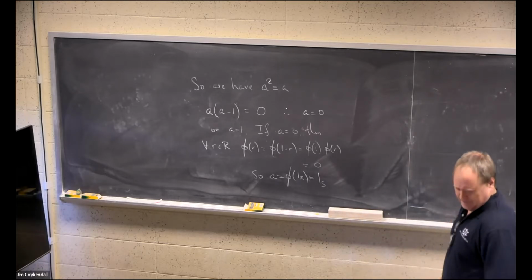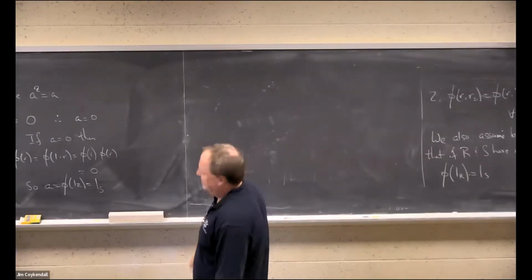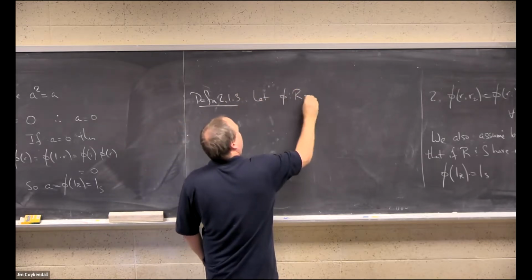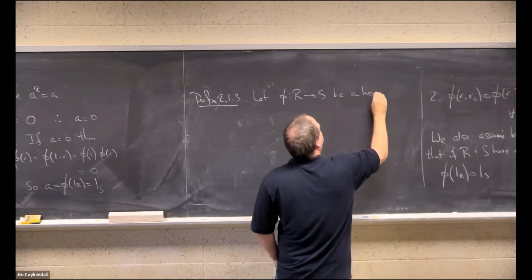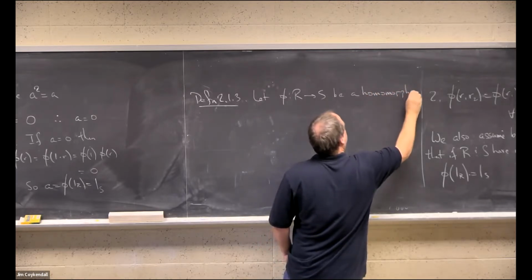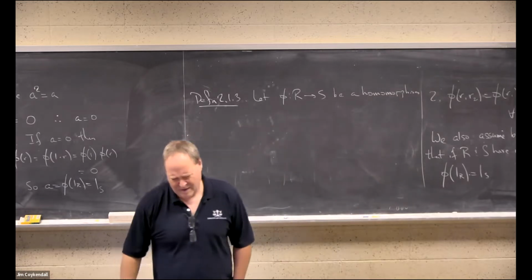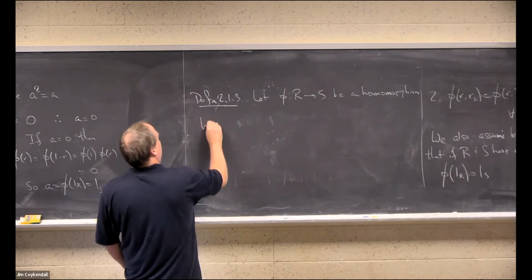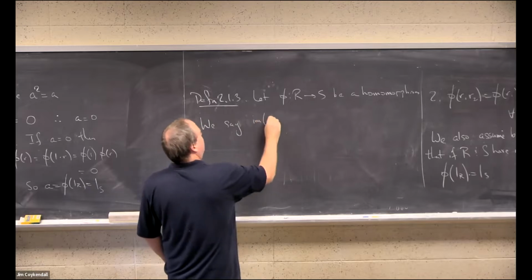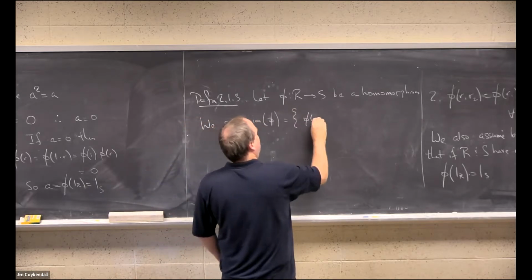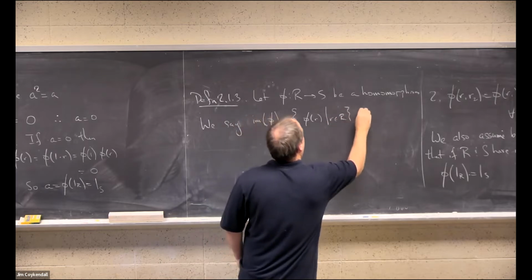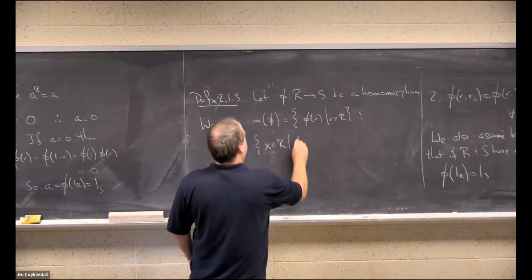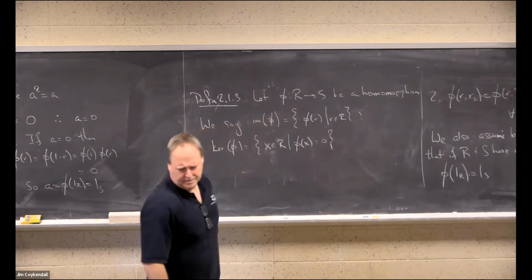Okay. Definition. Let phi be a homomorphism from R to S. We say the image of phi is the set of phi of r, and the kernel of phi is the set of x in R such that phi of x is 0.